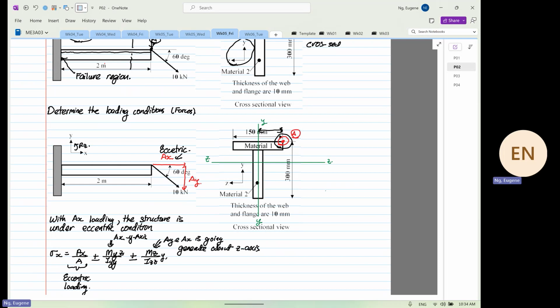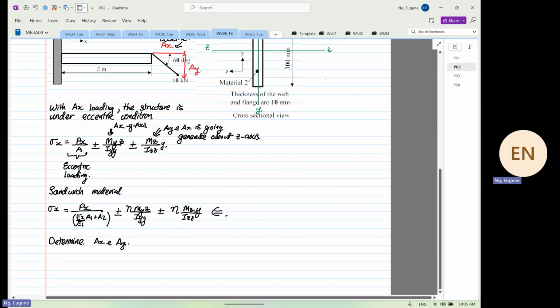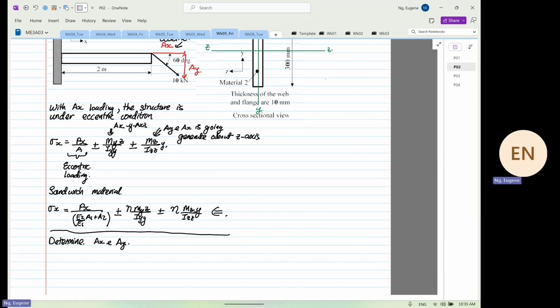Then you have bending moment occurring about 2 axes. You have bending moment about the y-axis. We also have bending moment about the z-axis. So the formula we are going to use is shown down here. This is the formula that we're going to apply.